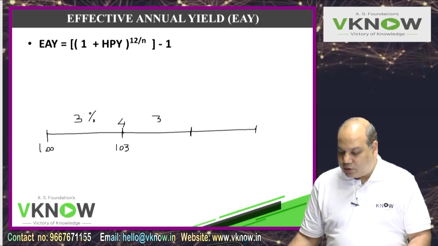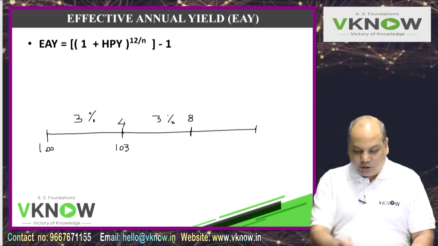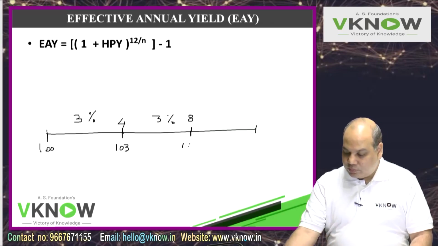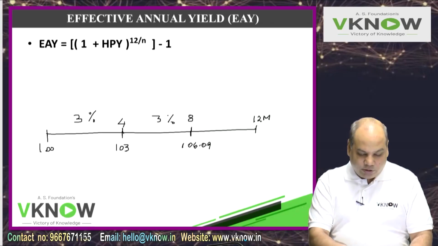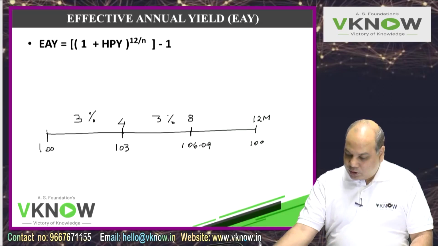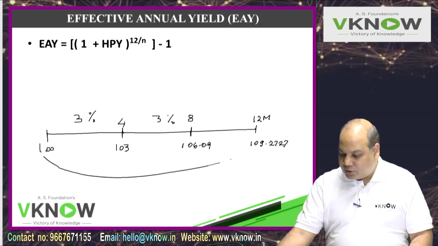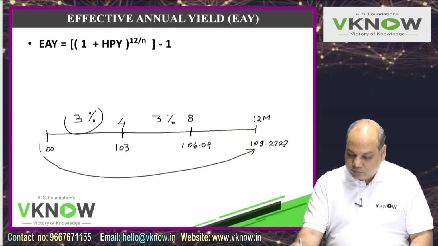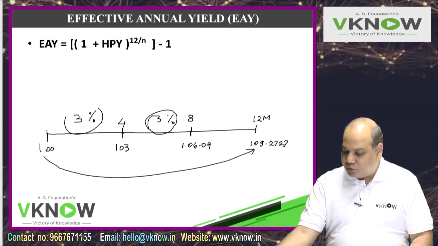Again you will earn 3% in this period also. So after 8 months, your 103 will become how much? Plus 3%, 106.09. And again after 12 months, it would have earned 3%, so it will become 109.2727. So 100 rupees after 12 months with this return of 3% every 4 months would become 109.2727.